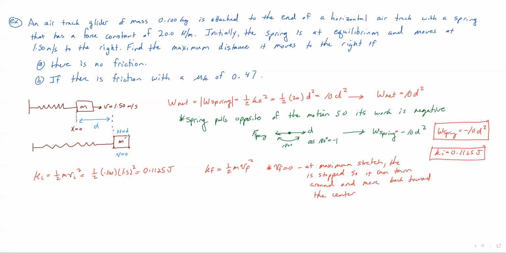It gets pulled, it stretches, but it wants to go back that way. So it stops and turns around. So Kf is just going to be 0 joules.